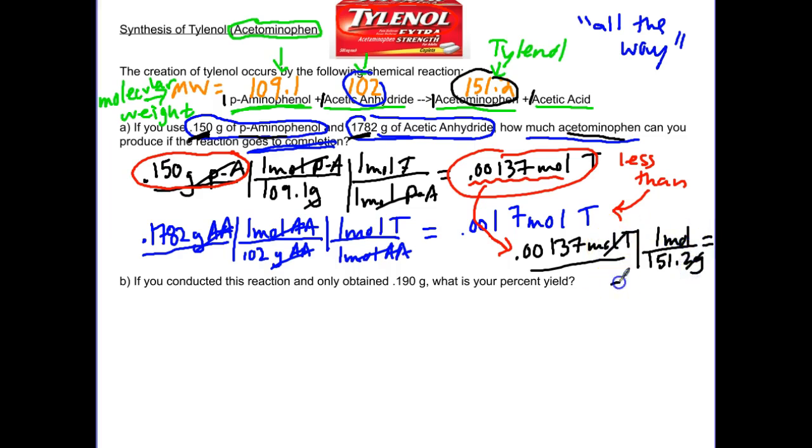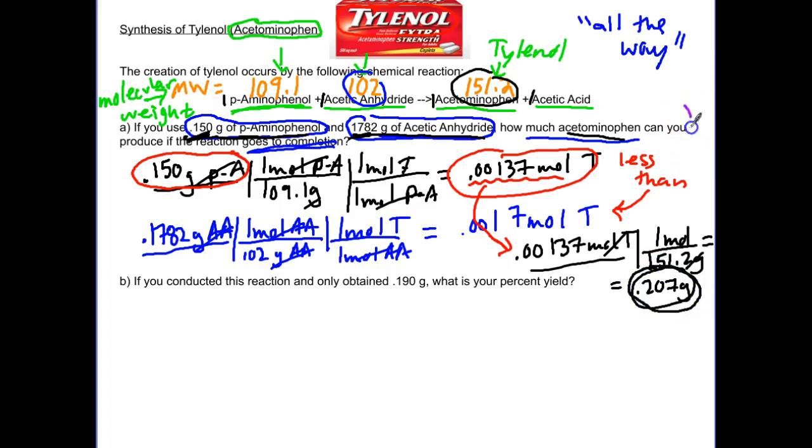So if I do that, the mass that I'm going to get is 0.207 grams of Tylenol. So what this is telling me is if I reacted this amount of p-aminophenol and this amount of acetic anhydride together, the maximum amount of Tylenol that I could get would be 0.207 grams.